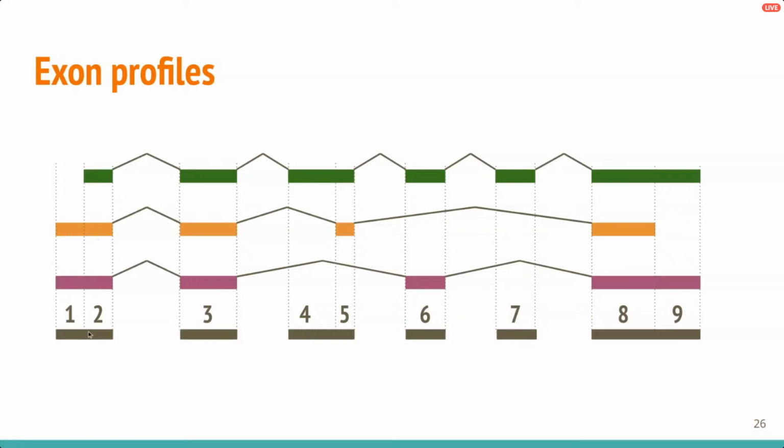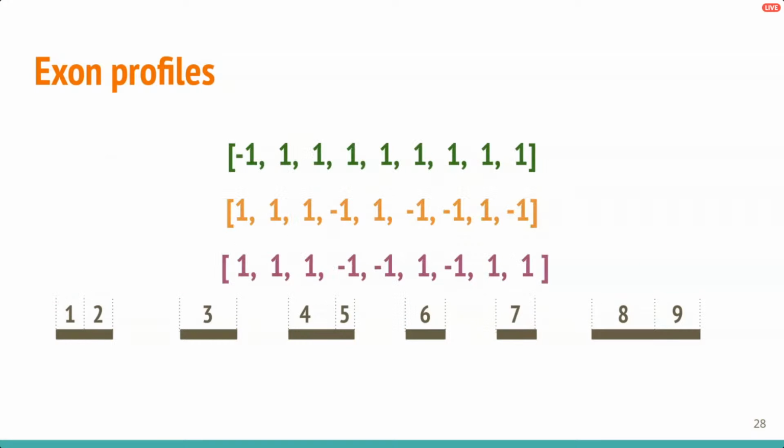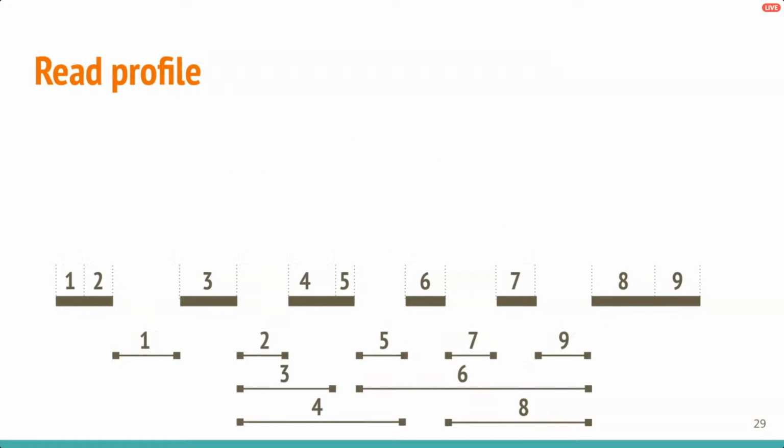So we split it into 2 regions. Then we see which exons contribute to which isoforms, and similarly construct exon profiles. Again, 1 says that this particular region contributes to the isoform, and -1 if it doesn't.